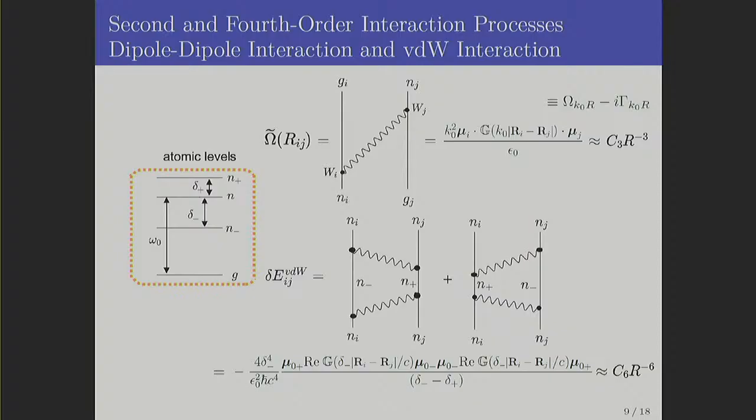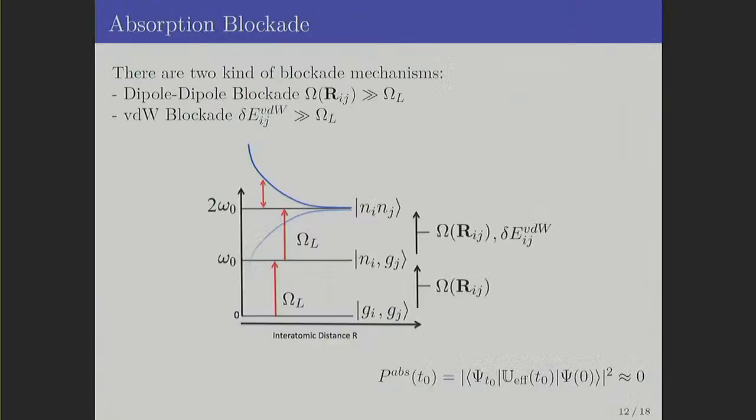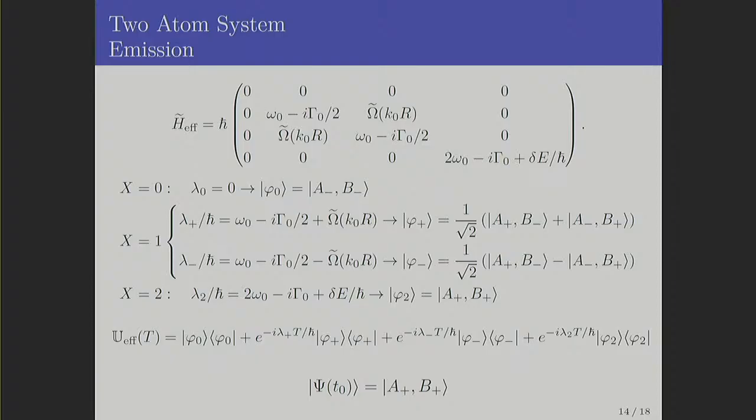Incoherent time evolution consists of processes that reduce and do not conserve probability, for example spontaneous decay. Here we have the natural decay of the atoms, or also the decay due to the transfer of photons that I put here in these two processes.